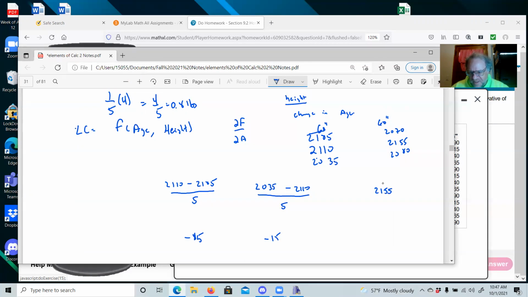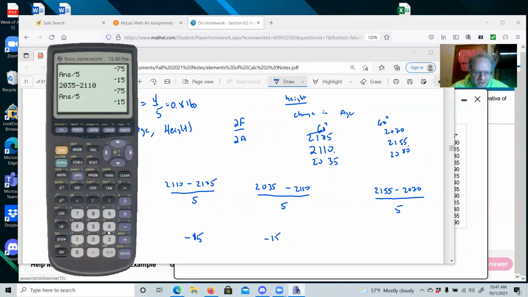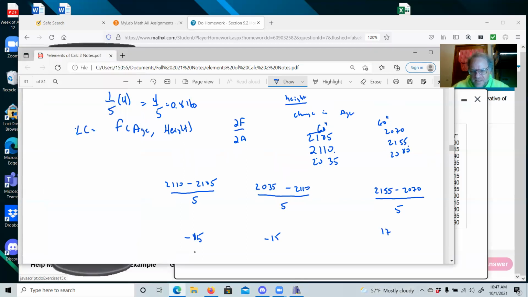It's 2155 minus 2070. Divided by 5. Okay, I may have gotten my order mixed up here. Did I write them down correctly?